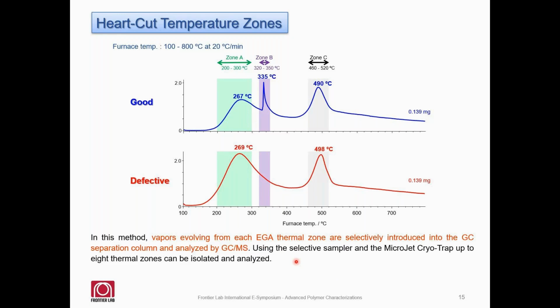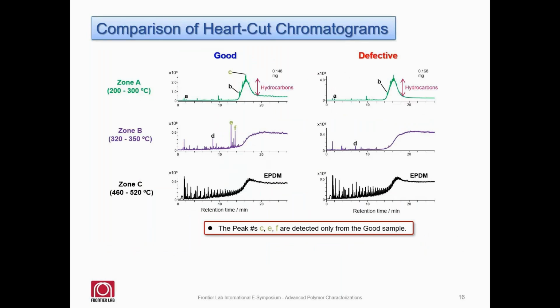So zone A is between 200 to 300, zone B is between 320 to 350, and zone C is between 460 to 520. Let us see what the output of this heart cut is. Here are the chromatograms that we obtained from the heart cut analysis. You can clearly see that in zone A we have labeled the peaks A and B, and a special peak called C is appearing here, whereas in the defective sample it is not there.